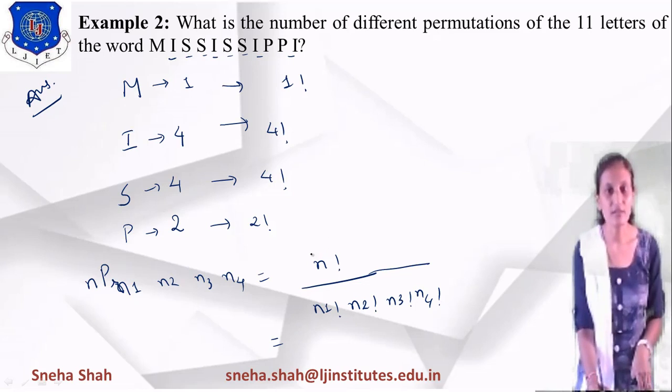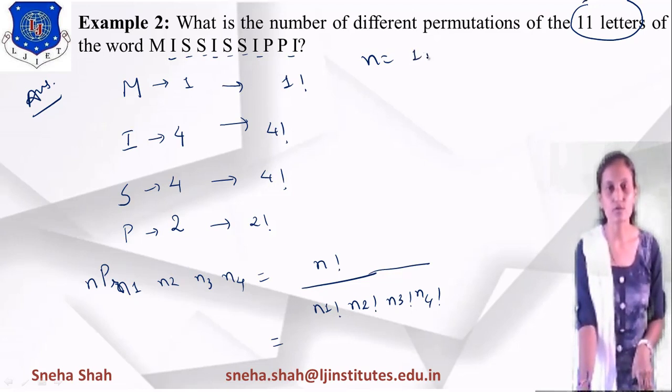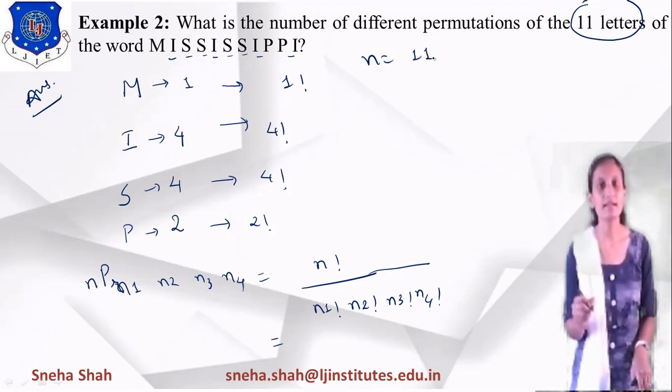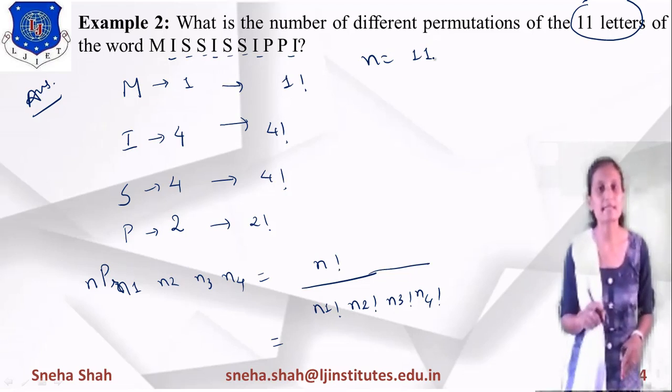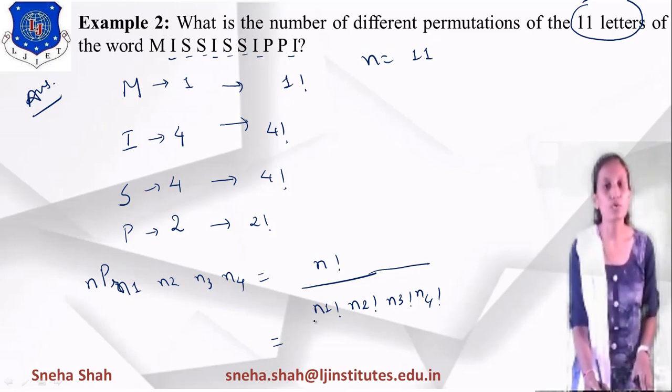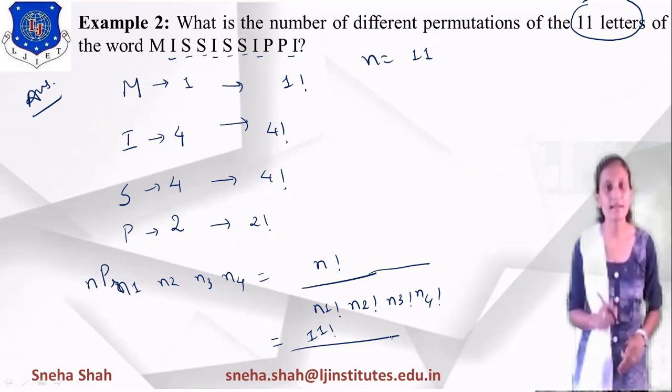Now what is the value of n? n means the total number of letters. The total number of letters is 11, so n factorial means 11 factorial. Divided by n1 factorial, what is the value of n1?